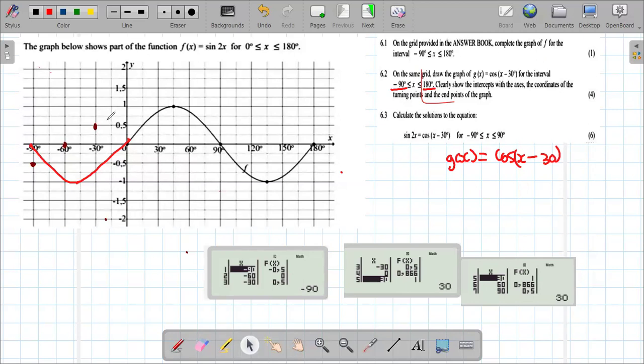At 0, which coordinate? It can't be only one coordinate. Because 0 is what? It's 0,866. Okay, somewhere here. 30, it's 1.